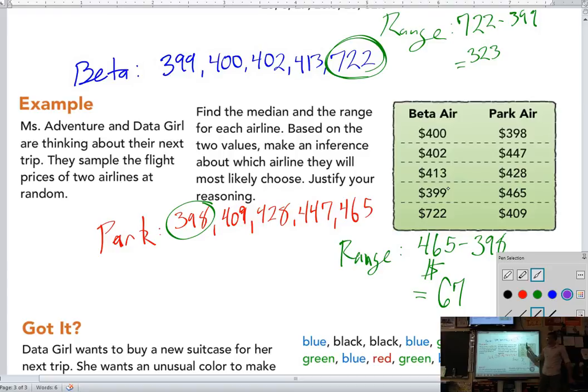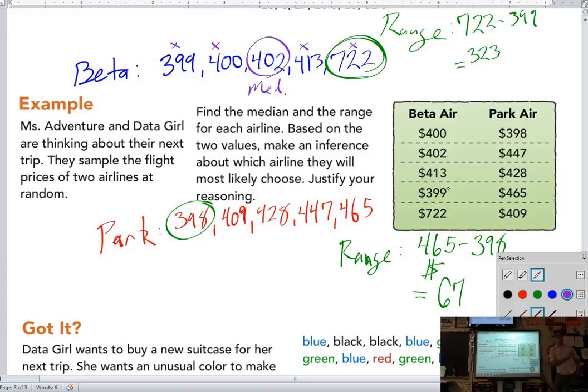How many prices do I have to work with? 5, right? So if I start crossing things off, there's one crossed off, there's one crossed off, there's one crossed off, there's one crossed off. I took 2 off the bottom, 2 off the top. I'm left with my median of 402. So my middle price here is 402.